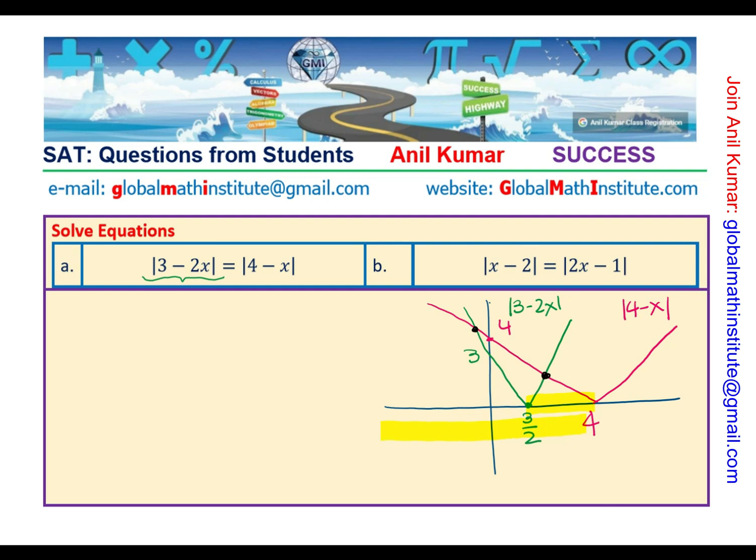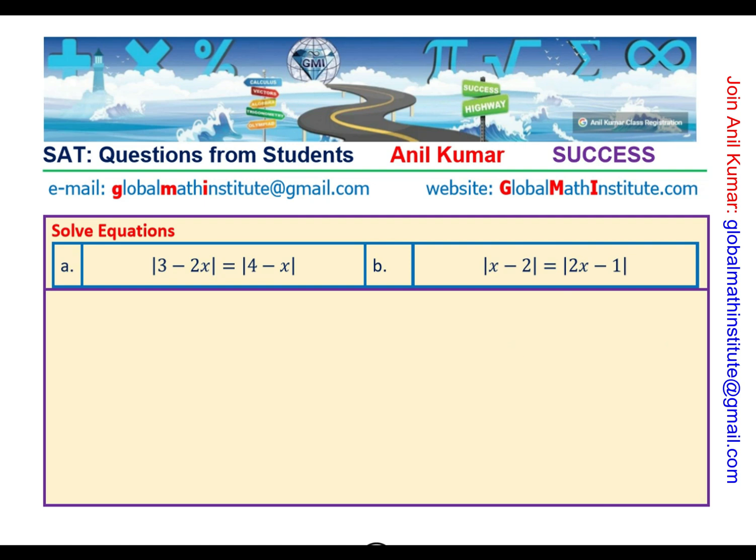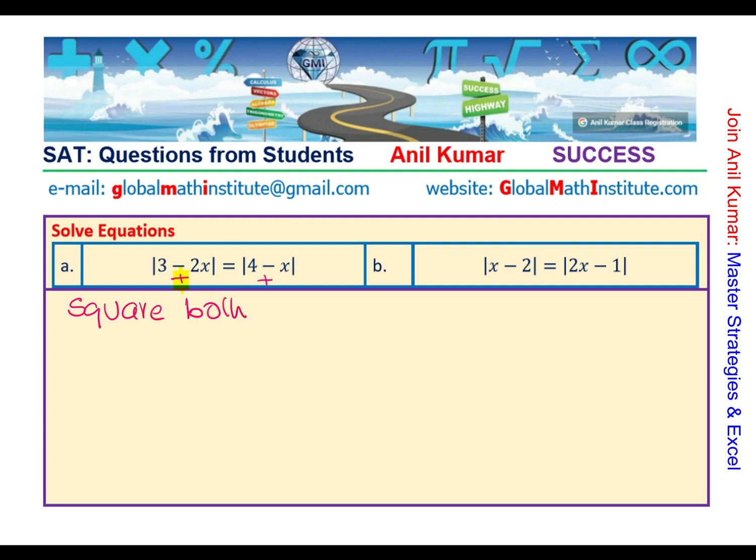Now, we look into the general method of solving which should be adopted. So, if the absolute values are equal, and we know absolute values are always positive, right? So if I square both sides and solve, I'll get the correct result.